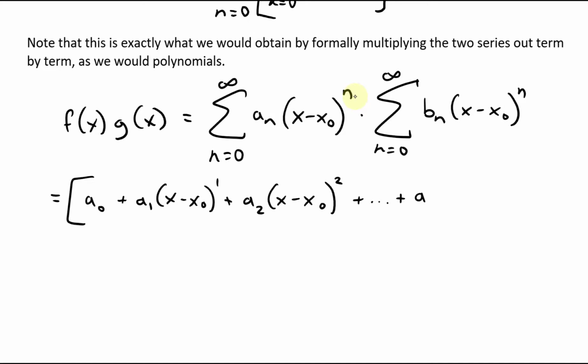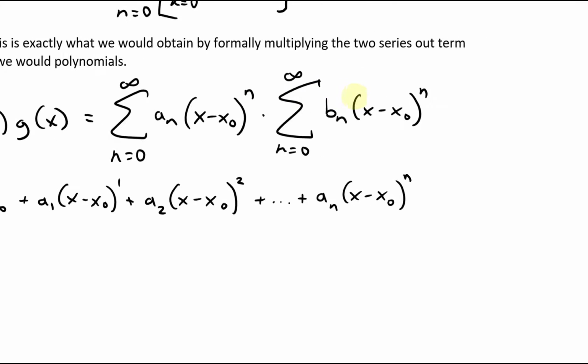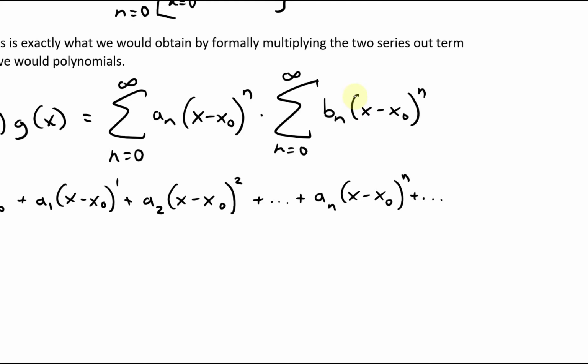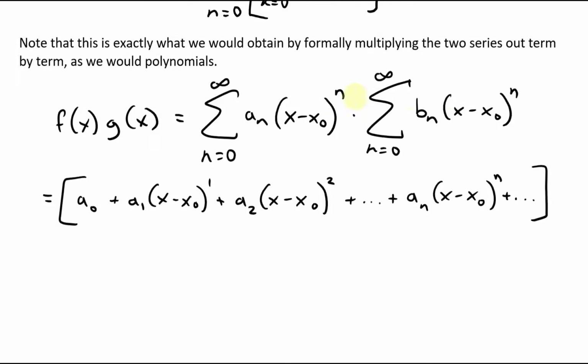But remember, this goes to infinity, so we just keep going. So (x − x0)^n, and then plus dot dot dot, and it keeps going on and on forever.